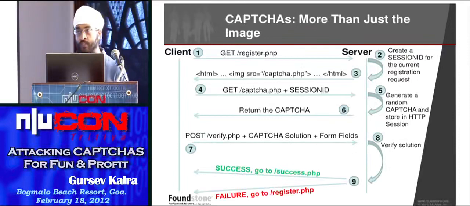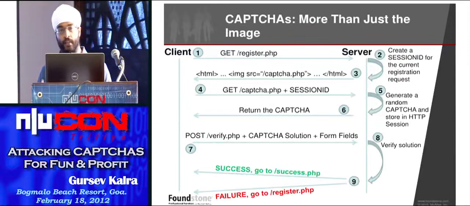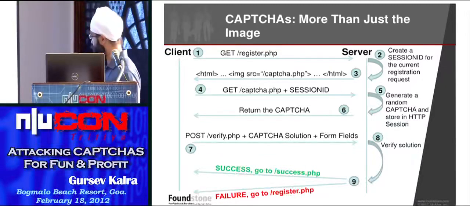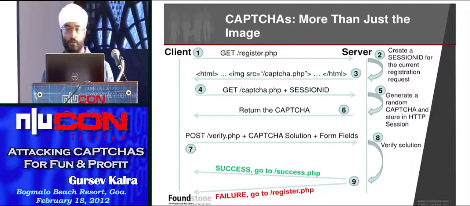So CAPTCHAs are more than just the image. There's a complete life cycle right from the time you make a request to a web page. For example, you go to register.php. Is that visible from here? I just want to ensure this is visible from the back rows. So the first request goes to the register page.